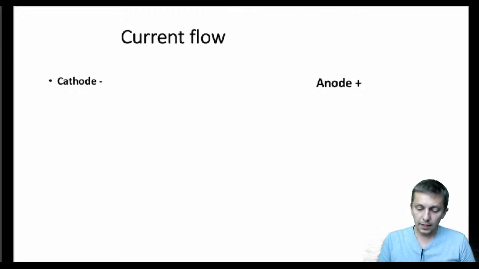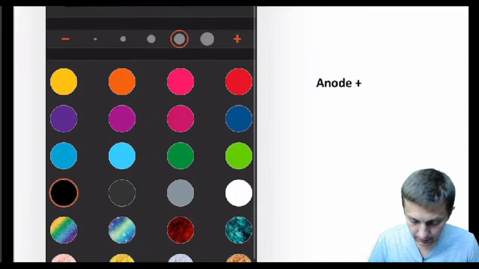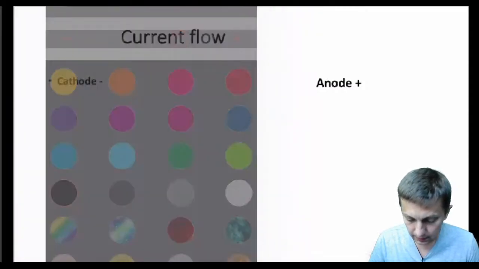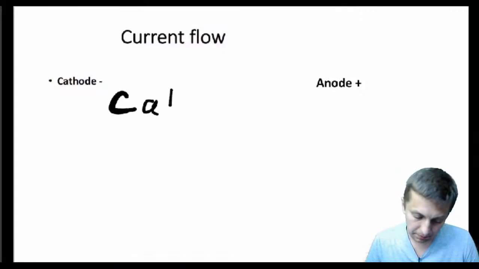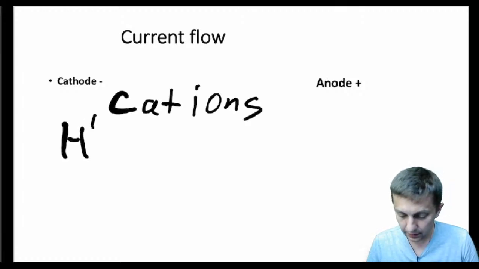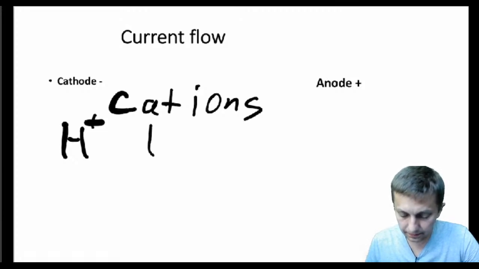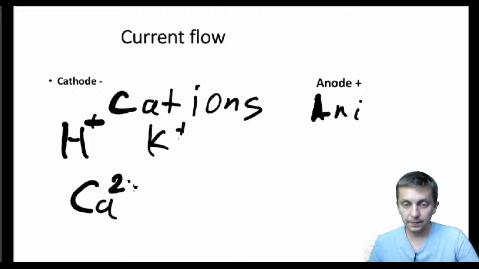For example, cations such as H+, K+, H3O+, and anions OH-, Cl-, NO3-.